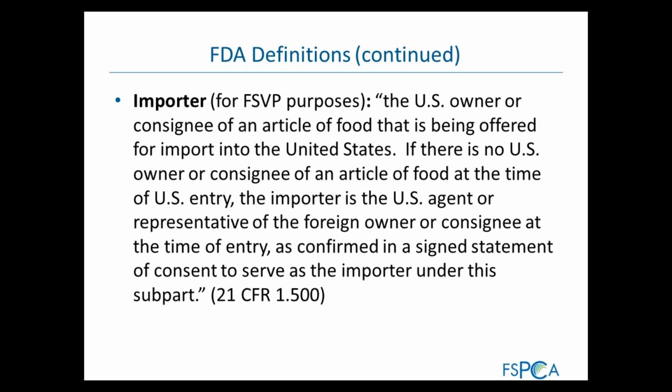But if you, as the delivery point in the US, the consignee that has agreed to purchase this food and this container of product is coming to your facility, you would be identified as the importer for FSVP purposes. If there is no US owner or consignee for an article of food, then there needs to be some agreement between the importer of record and some other party to play that role.